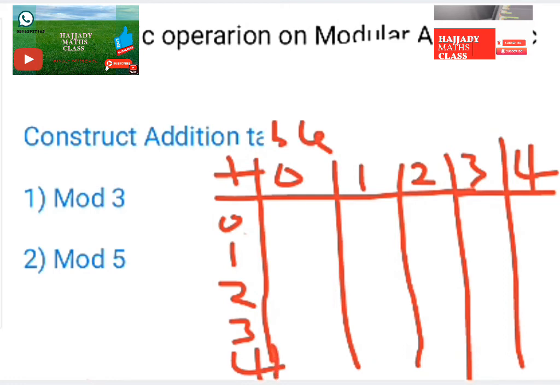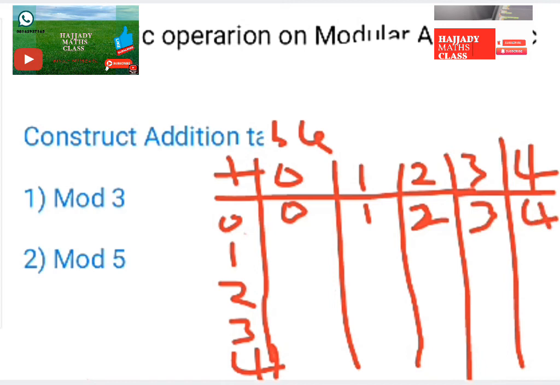So in doing this, we have 0 plus 0, 0 plus 1, 0 plus 2, 0 plus 3, 0 plus 4. So in this case, we have 0 plus 0 to be 0, 0 plus 1, 1, 0 plus 2, 2, 0 plus 3, 3, 0 plus 4, 4.